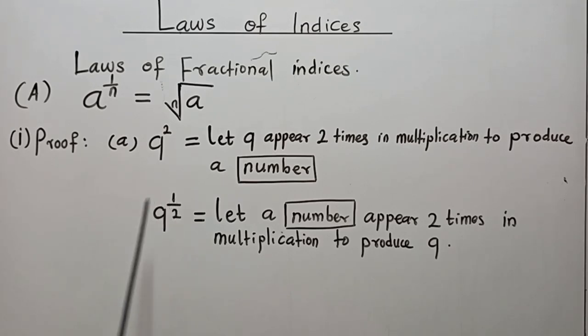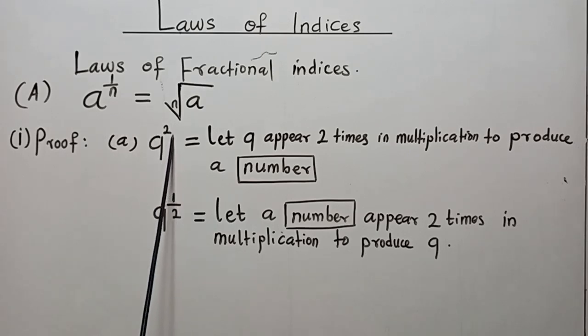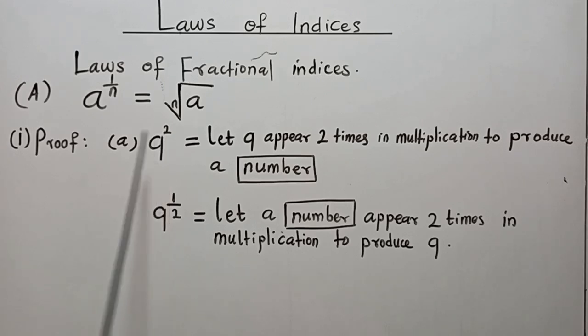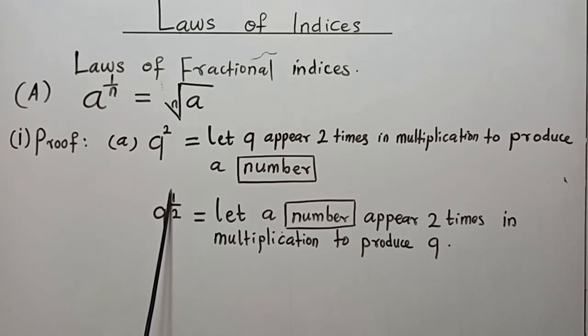What about this one? 9 to the power 1 over 2. You can't interpret this one the same way as this. There is no way 9 can appear half a time when multiplying itself. We cannot write 9 to appear only half a time in the process.